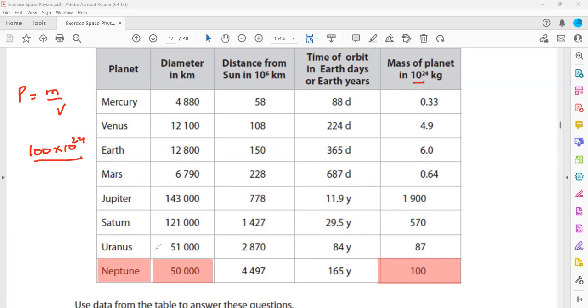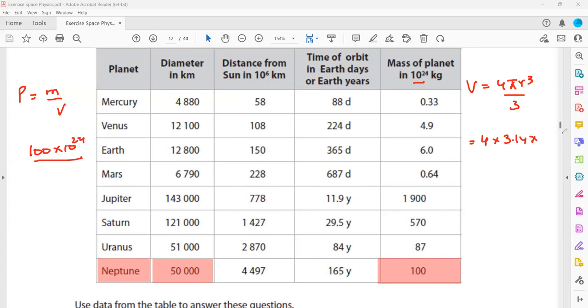Divided by the volume. How to work out the volume? We consider this as a sphere, so the volume of a sphere is 4/3 πr³. That's the formula to calculate the volume. So it is 4 × 3.14 × the radius cubed, divided by 3. The diameter is given, so what will be the radius? If the diameter is 50,000, the radius will be 25,000.